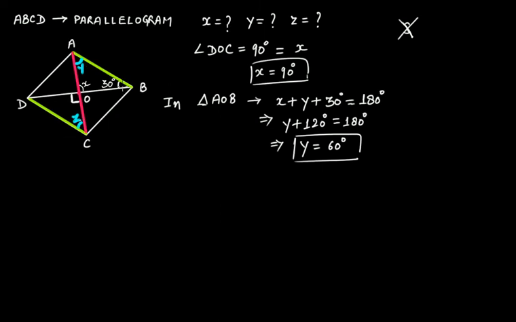Because we have two parallel lines. This diagonal will act as a transversal line, therefore Y and Z are the alternate interior angles, and we know that alternate interior angles are of equal measure. So Y is equal to Z is equal to 60 degrees. So we have the values of X, Y, and Z.